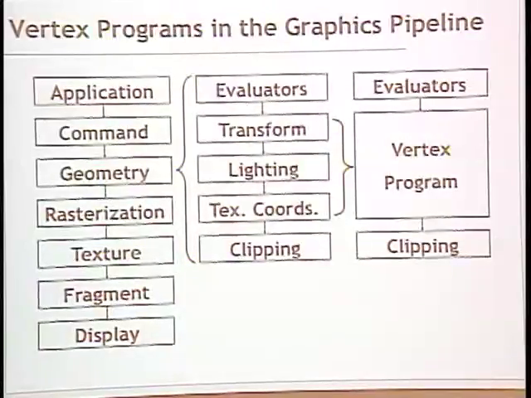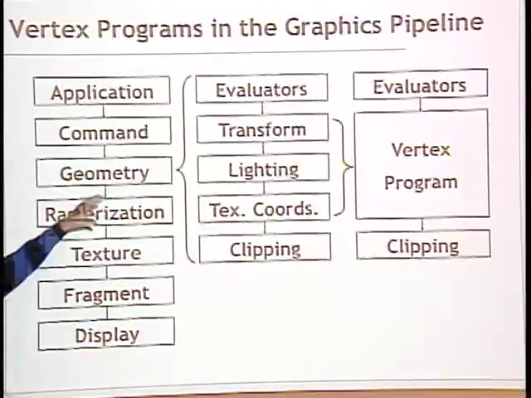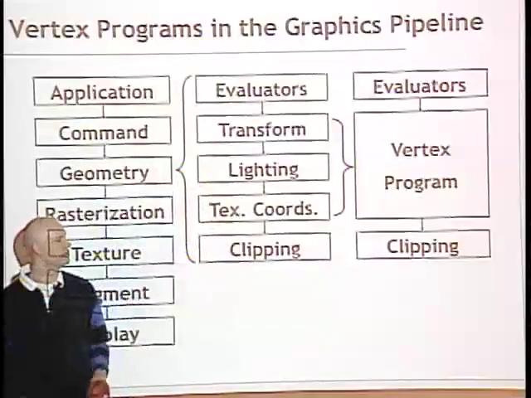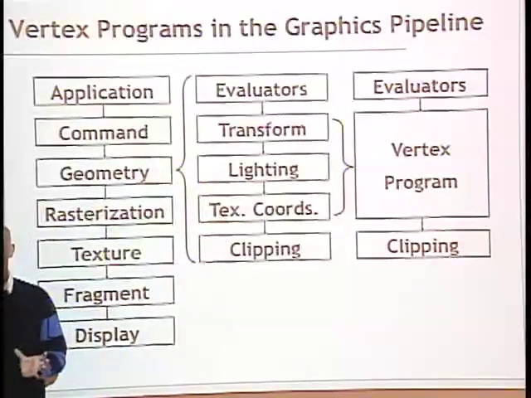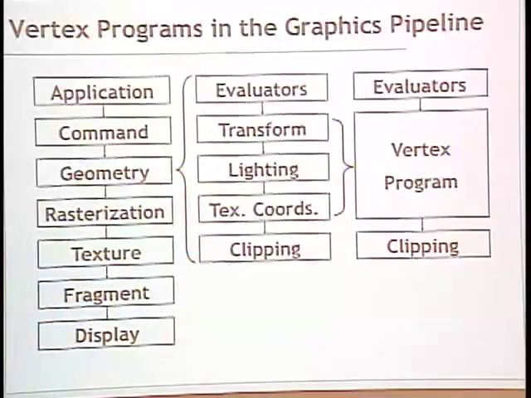These are the things that we're going to do with a vertex program that we write, instead of with the fixed pipeline. It will replace those stages of the pipeline. We're going to write something that will do the transformations, calculate a color at every vertex, and if necessary, generate texture coordinates. So that's the part of the pipeline that we're replacing.